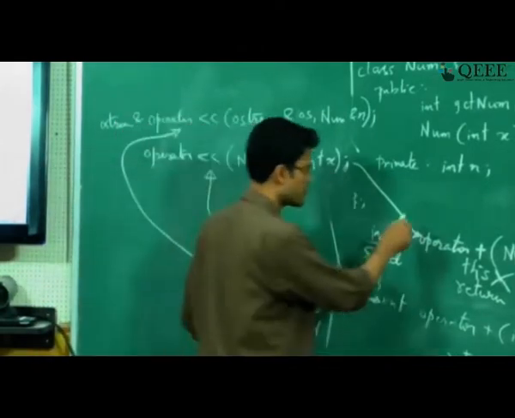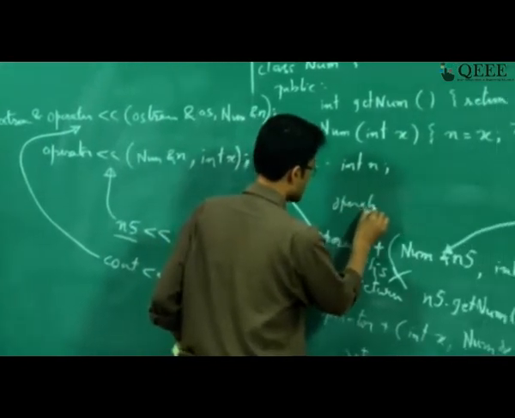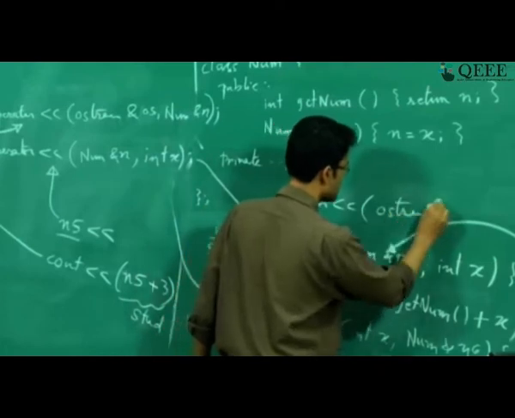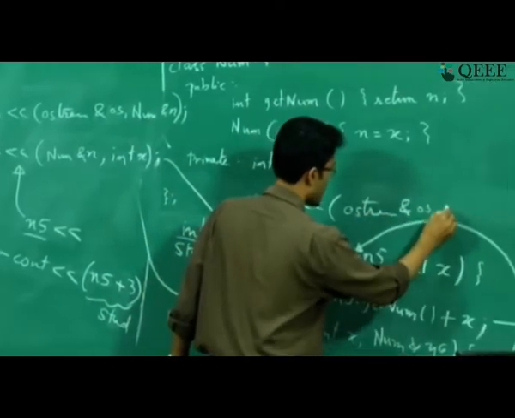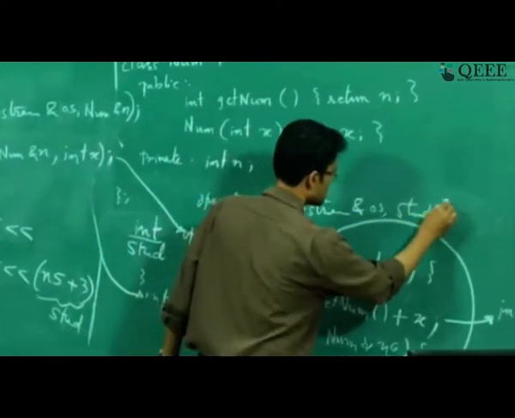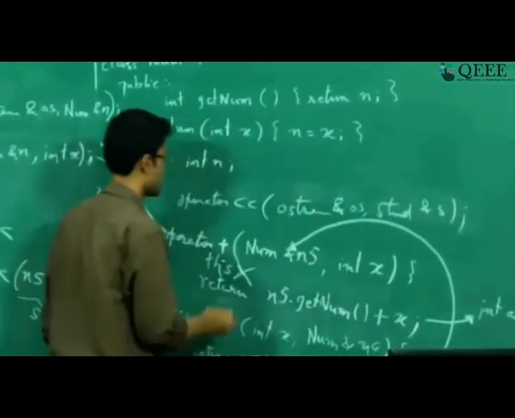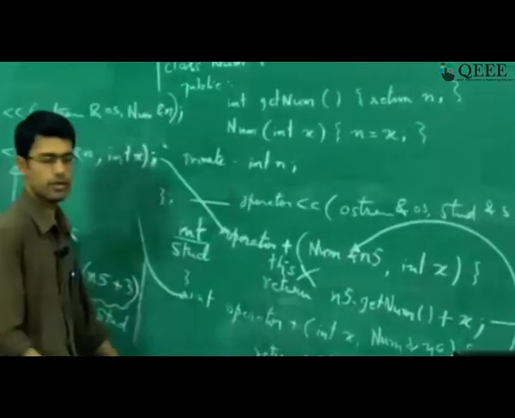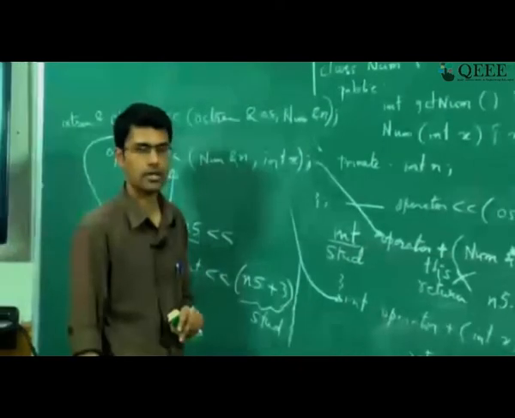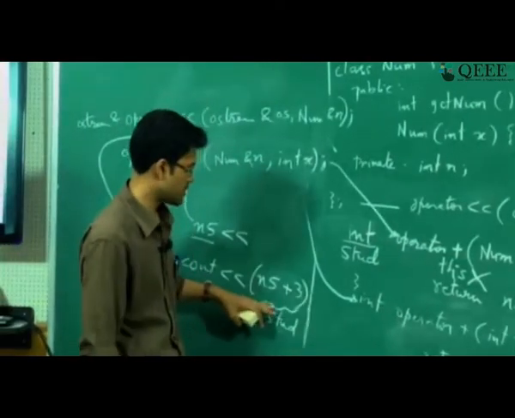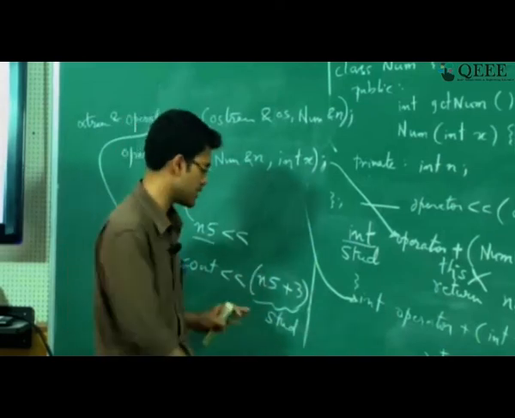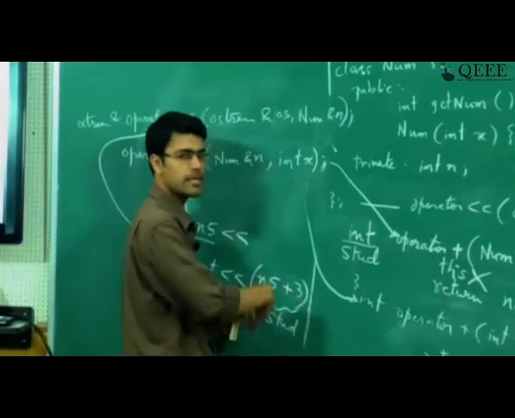So this is going to require operator left shift with ostream and the type student. It should typically return ostream because you want to chain it, otherwise it can be void also. So I suppose this answers the question, where the operand is an expression involving an object.